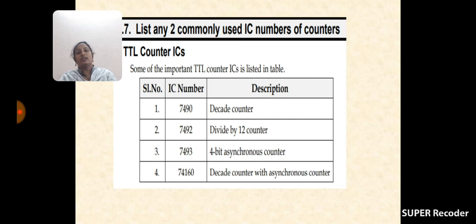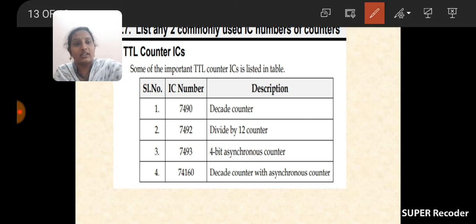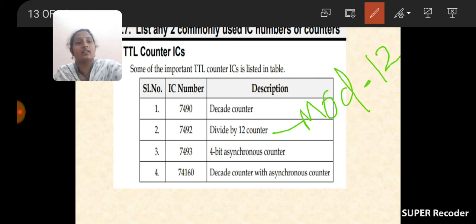Divide by 12 counter. Now tell me, already in the last class we discussed so many counters. Divide by 12 counter means what in our language? Anybody? Okay, now I will. Divide by n counters are called mod counters. So a divide by 12 counter means a mod 12 counter.